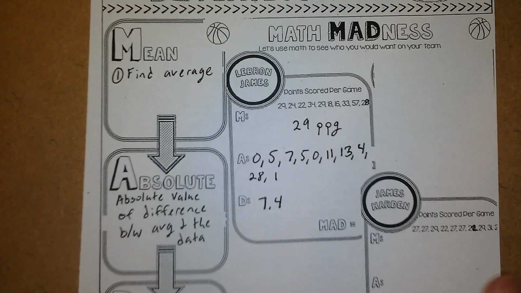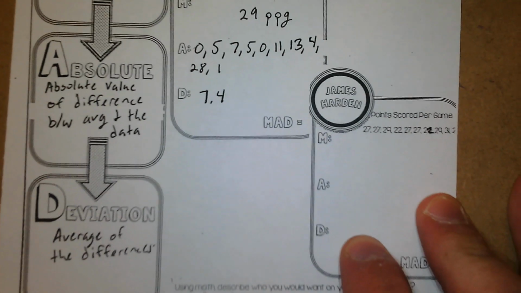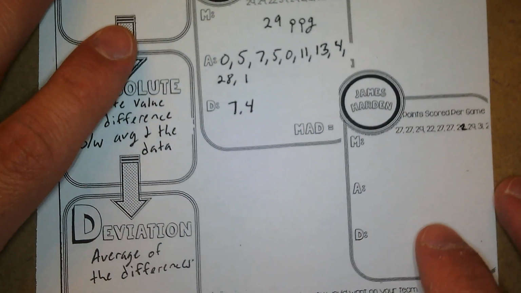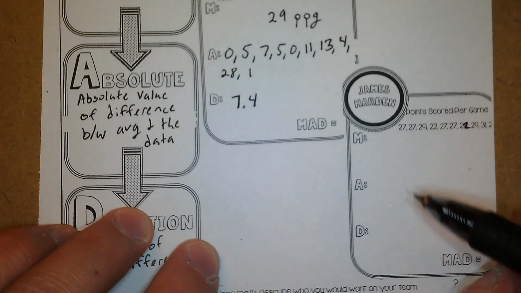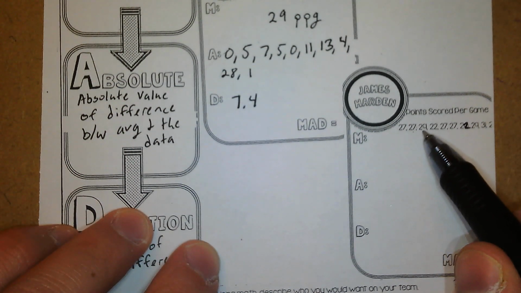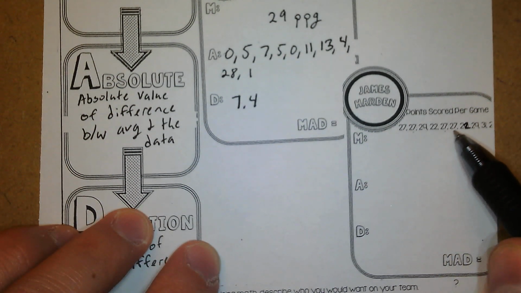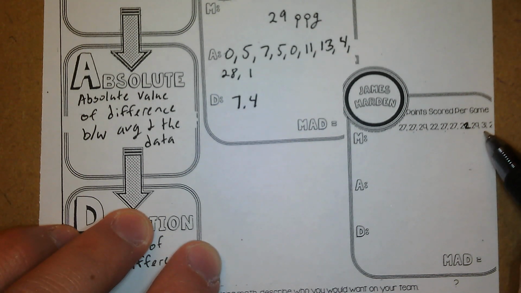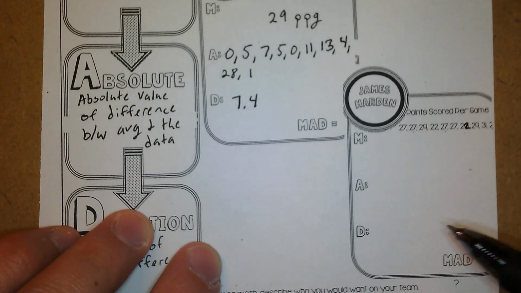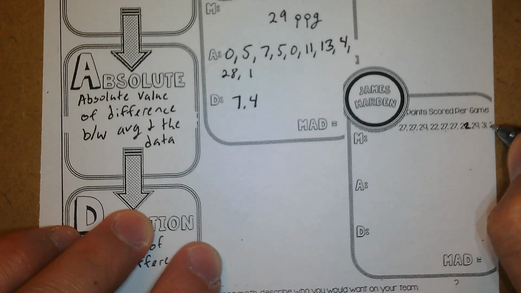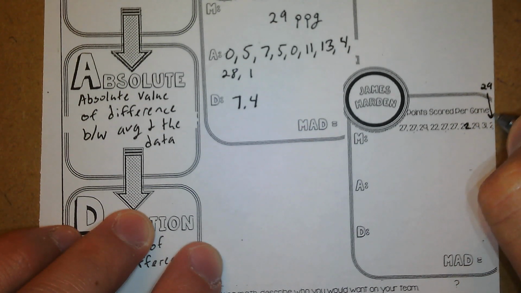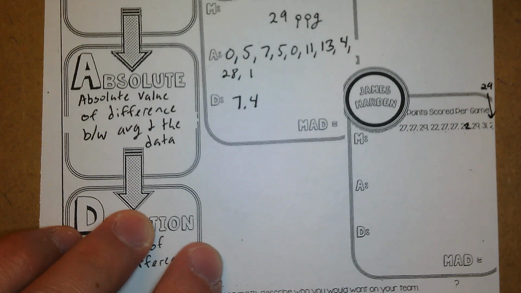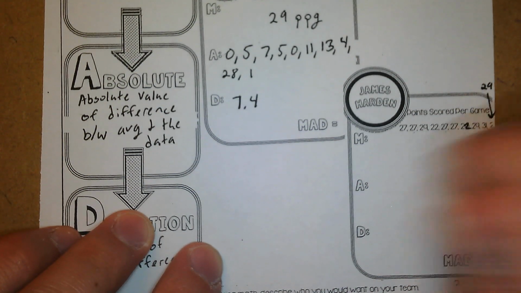Now we're going to look at James Harden. He has 27, 27, 29, 22, 27, 27, 22, 29, 31, and the last one is 29. So we find the average.